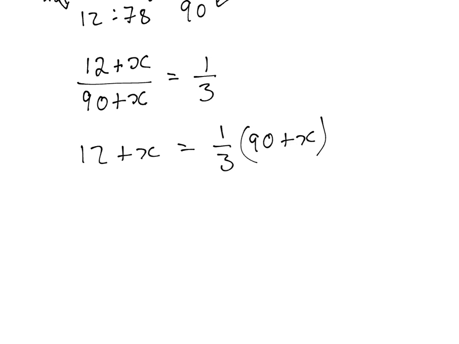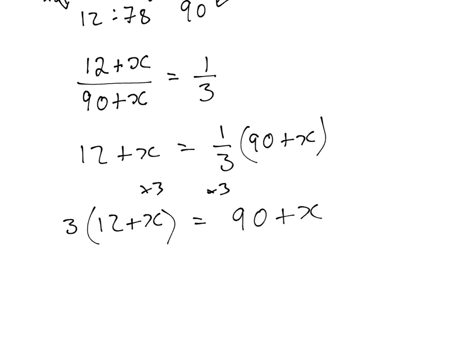Then I'm going to multiply both sides by 3 to get rid of the third, so that gets rid of the division there. So I get 3 lots of 12 plus x equals 3 lots of this side, which is just 90 plus x. So I get 36 plus 3x equals 90 plus x.